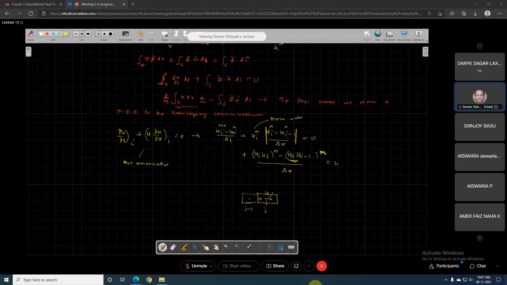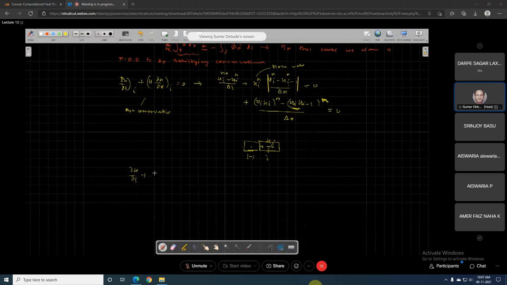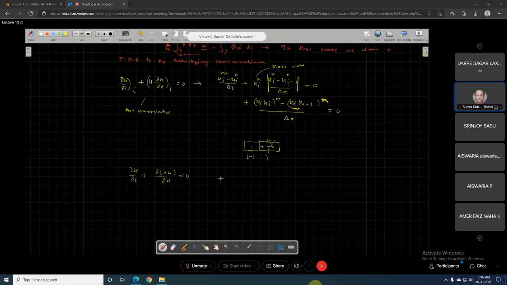However, the other form: del u del t plus del uu del x equals 0. Now if I discretize this, (ui^(n+1) minus ui^n) by delta t plus (ui ui minus ui minus 1 ui minus 1), all at n, divided by delta x.